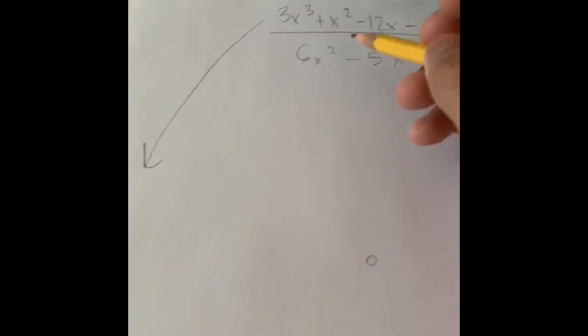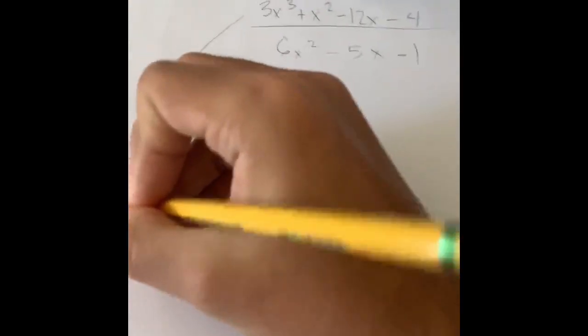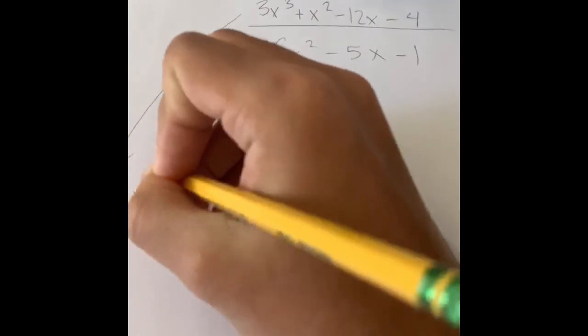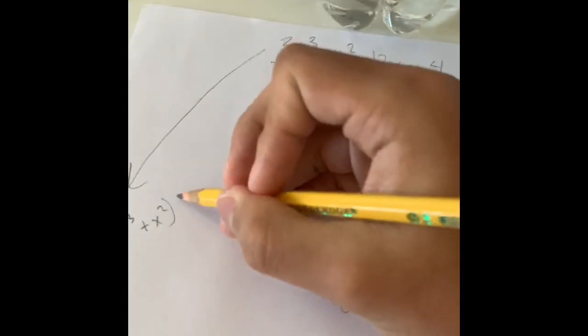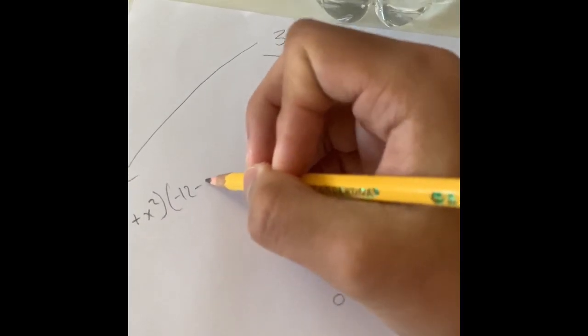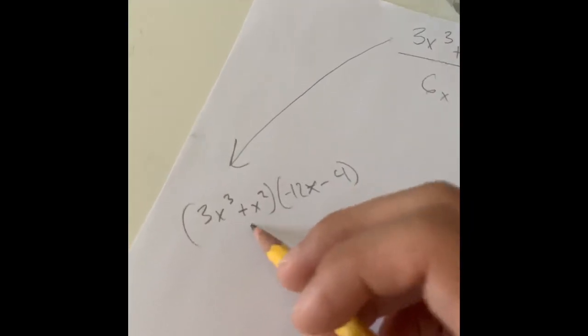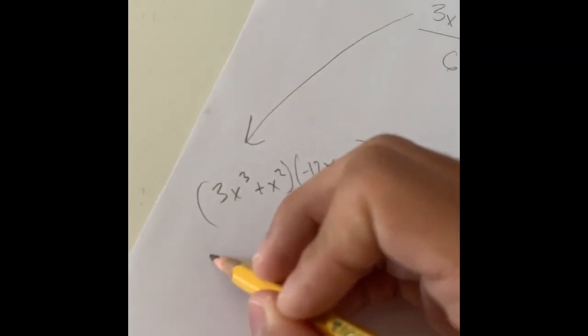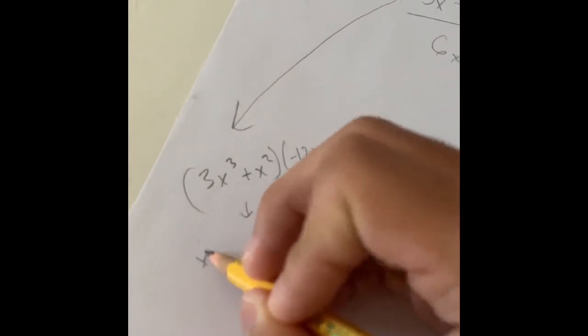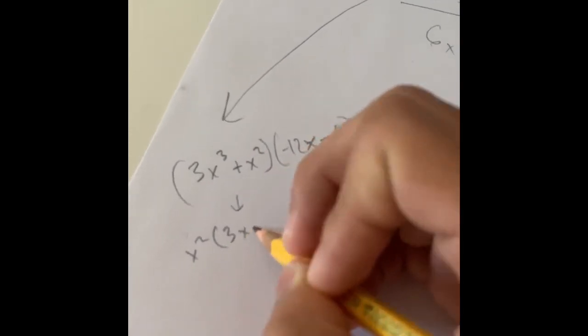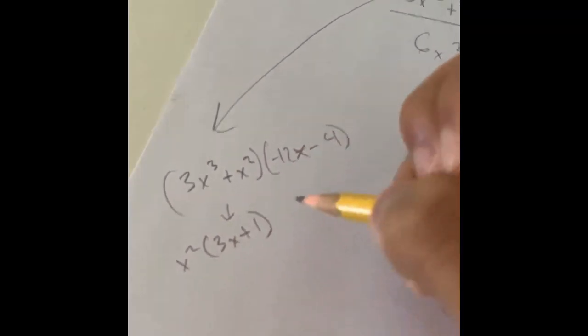Over here, 3x cubed plus x squared, let's group that. And then over here, the negative 12x and the negative 4. Let's group those. What's common in the first group? x squared. So let's bring that x squared out, and then it's just 3x plus 1.